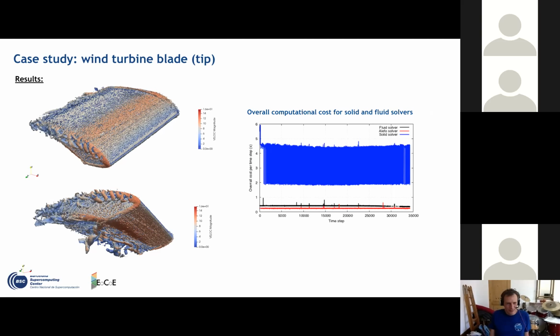Here we are really interested in having an efficient fluid structure interaction simulation. As you can see here, the times for the fluid and the Alya solver are less than 1 second, because the solver that we use is explicit.